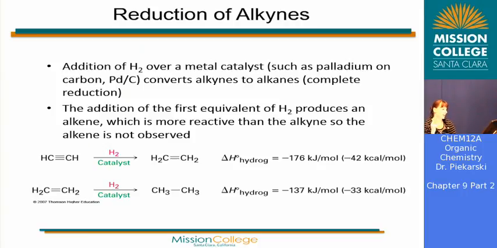There are reactions that allow us to do that, and I'm going to talk about that in the next couple of slides. But first, I just wanted to show you that the first addition of hydrogen gas should have produced this alkene here. And it will, but the second addition of hydrogen with that catalyst will take it all the way to the alkane. Okay, and so these are very exothermic, favorable reactions. They release energy, hence the negative sign.